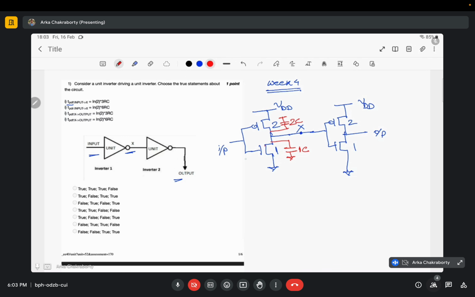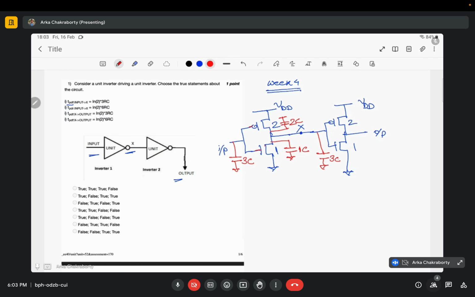Similarly, the capacitance involved here would be net capacitance 1C due to this NMOS and 2C due to this PMOS, so here 3C. I have clumped these two capacitors as 3C here. Similarly, the capacitance here due to the gate of the second stage inverter would be 1C plus 2C, so I'll write it as 3C.